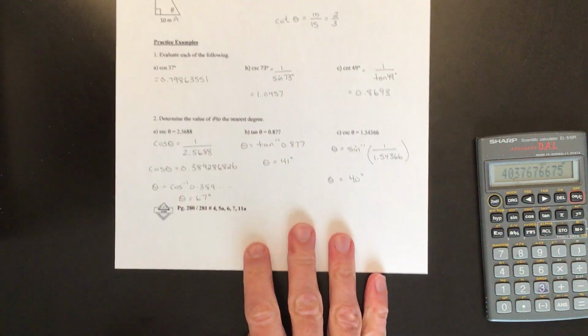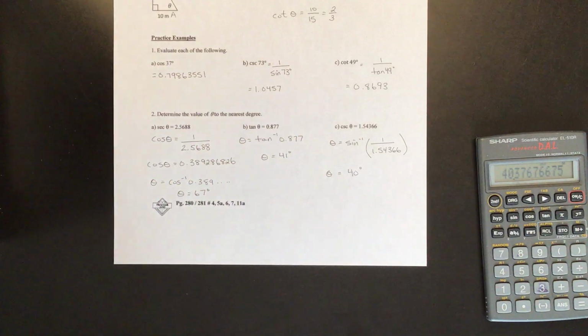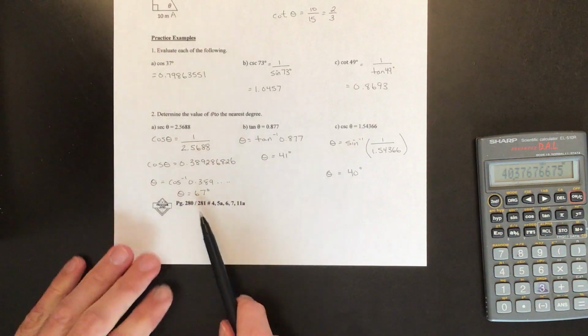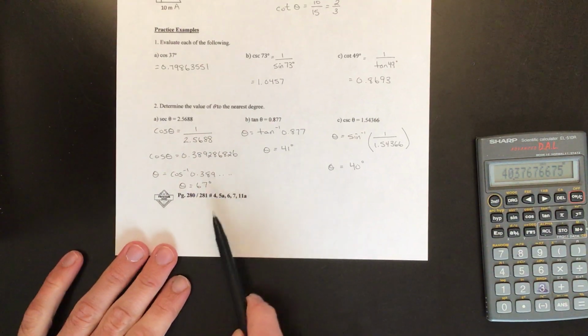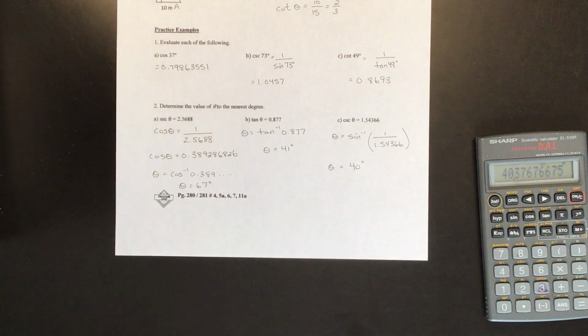So at the end of this lesson, really what I'm looking for is a good review of SOHCAHTOA, because that's going to come back in this unit. So make sure you know that really well. And make sure you're aware of cosecant, secant, and cotangent. This lesson is just an introduction to those, and we'll be coming back and visiting those much later in this unit. For homework questions, not a lot. Just review 4, 5A, 6, 7, and 11A.